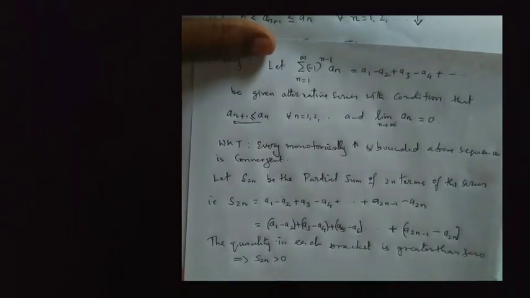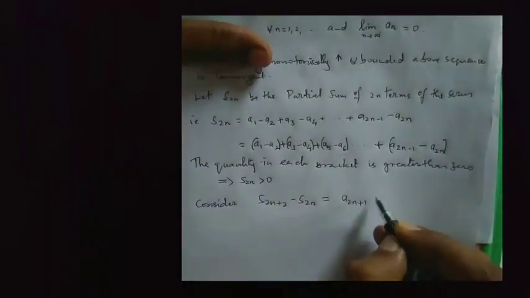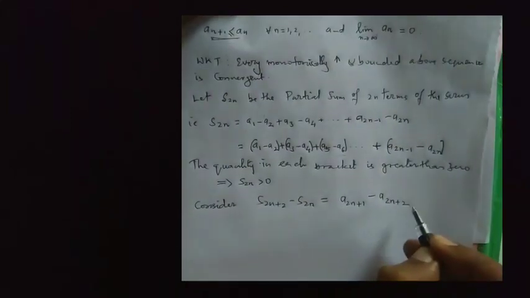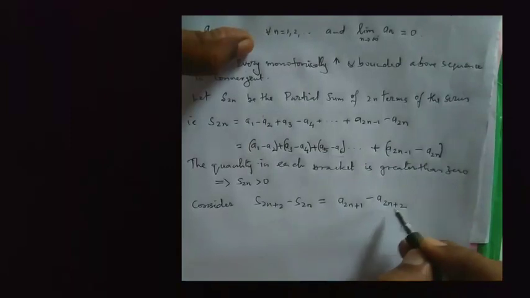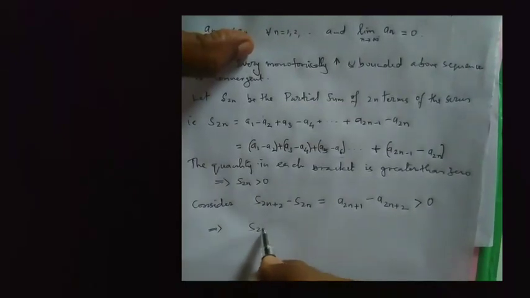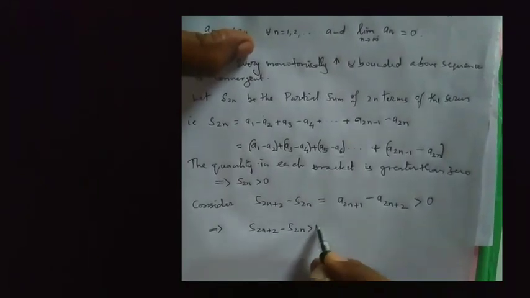Now consider S of 2n plus 2 minus S of 2n. What I will get is a of 2n plus 1 minus a of 2n plus 2. Again, by the above condition, this is greater than this one, therefore this is positive, which implies S of 2n plus 2 minus S of 2n is greater than 0.